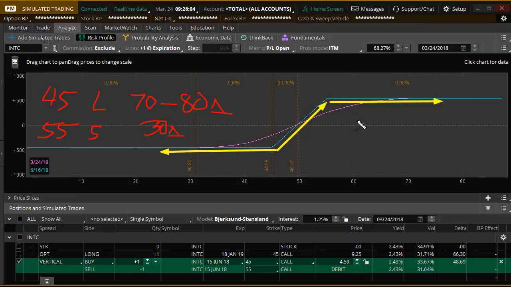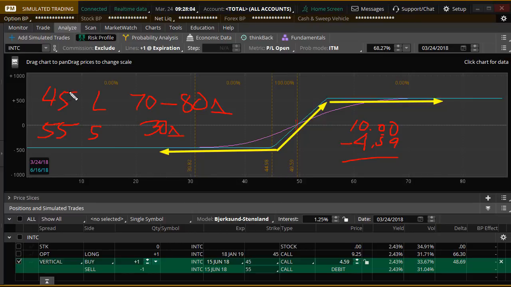So we have $10 minus $4.59. That's what it cost us to get into the trade. That'll be our maximum profit. So you just subtract your costs from that, and now you have your trade.